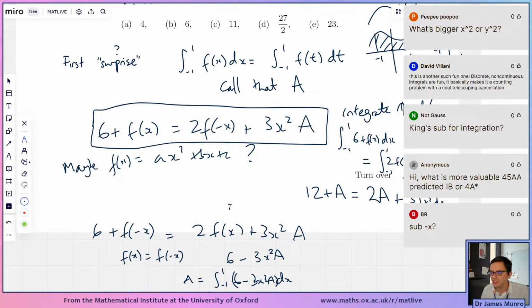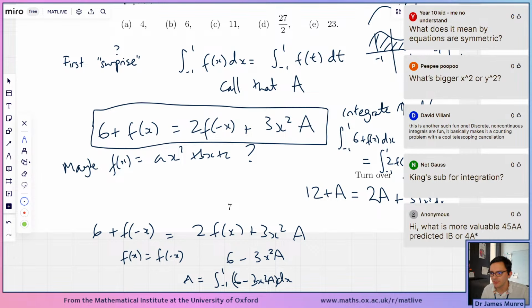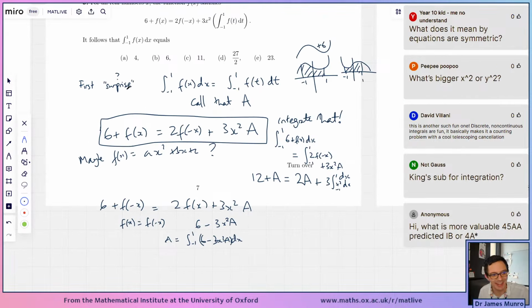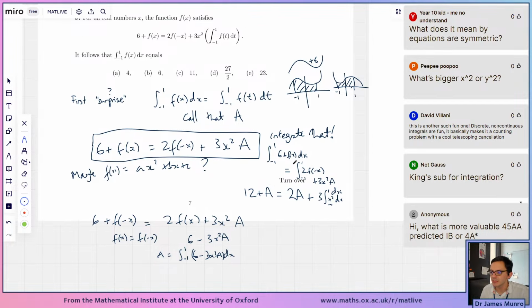What does it mean the equation is symmetric? Did I say that? I'm not sure I know what that means. I'm trying to rewind in my head now. Equations are symmetric. I suppose I might have said something about symmetry over here.